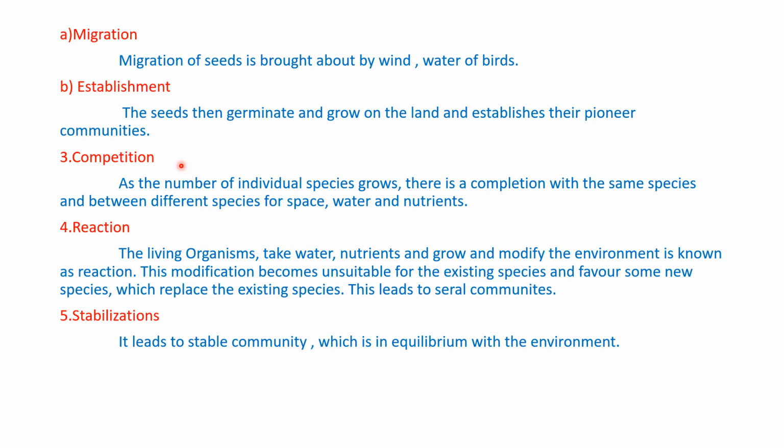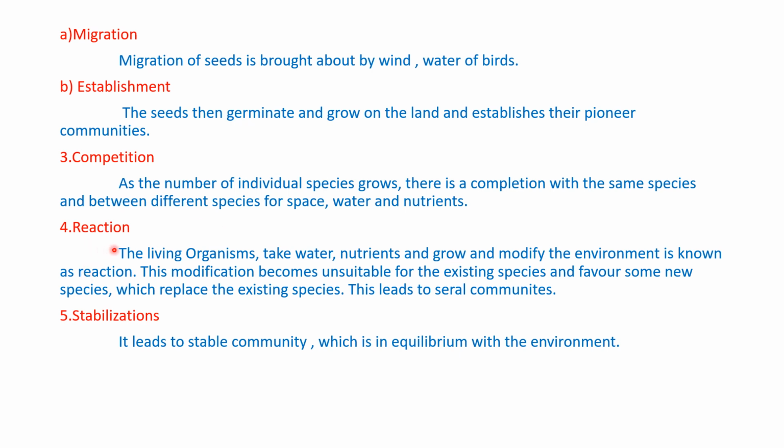The third step of ecological succession is competition. As the number of individuals of a species grows, there is competition within the same species and between different species for space, water and nutrients. So every species competes with the others.